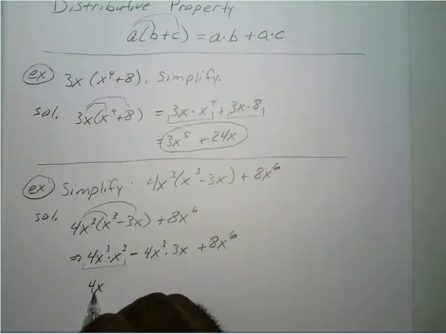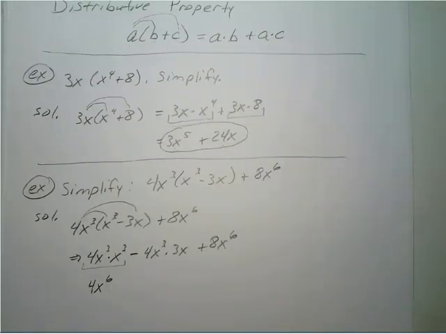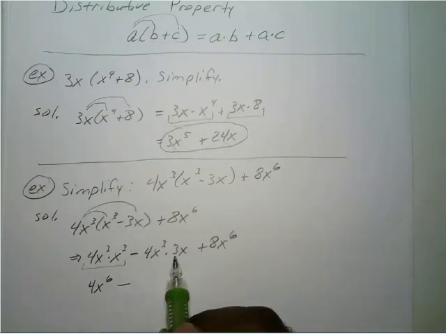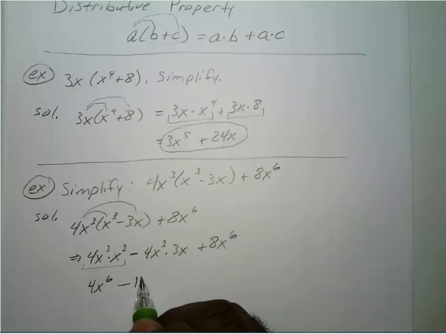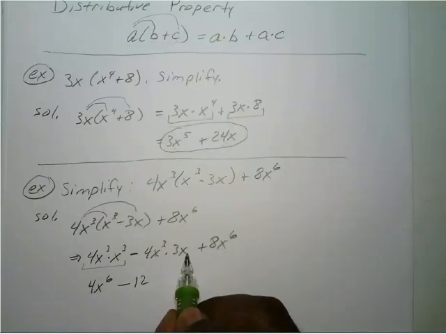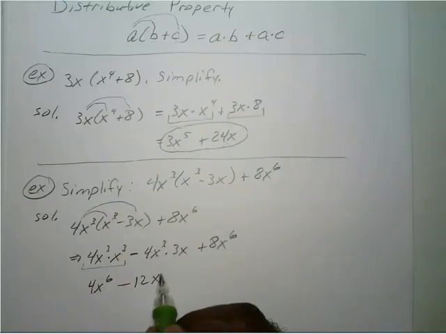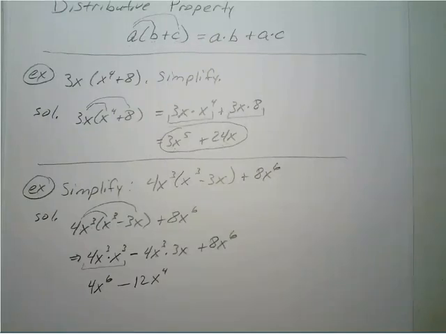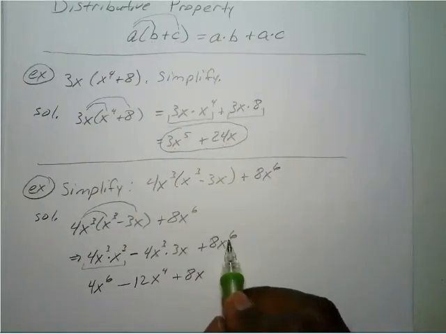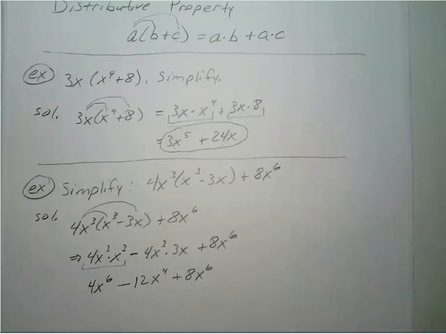So this would be 4x to the sixth power minus 4 times 3 is 12. x to the third times x is x to the fourth power plus 8x to the sixth power.